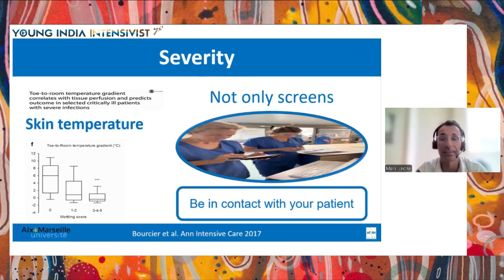The other thing is skin temperature. Touch your patient, be in contact with your patient, and if your patient is really cold at the level of the extremities, if there is some skin temperature difference between toe and core, between toe and the room temperature, that's a very good sign of severe infection.